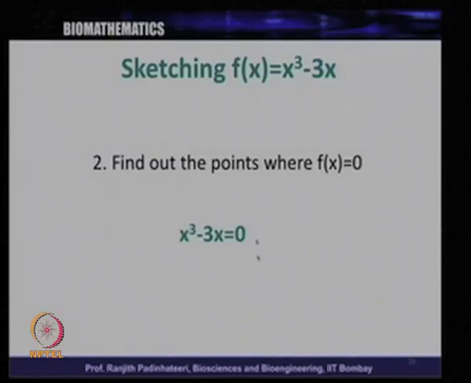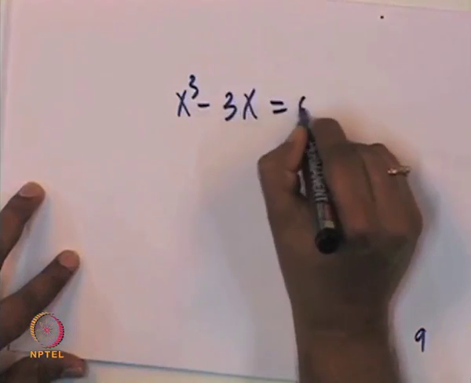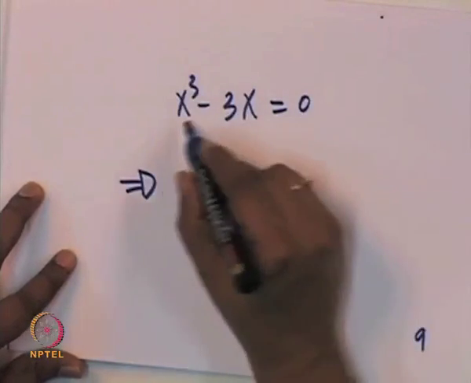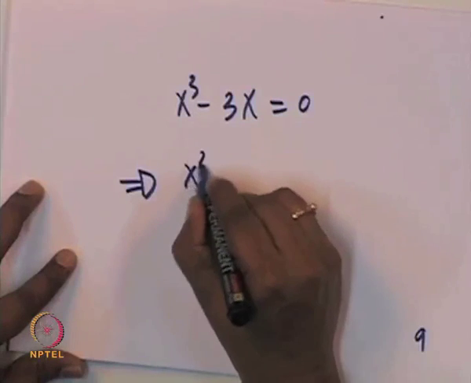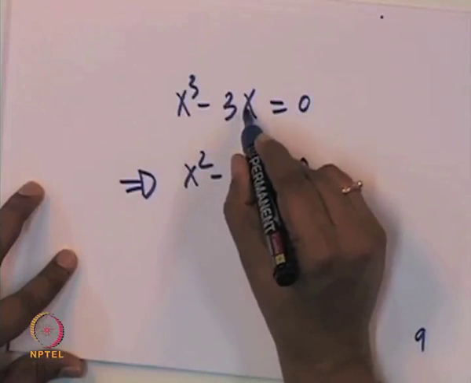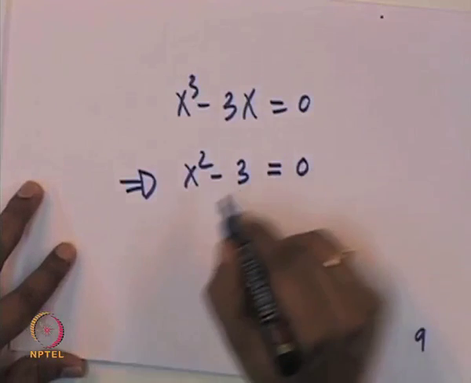That means the points where x cube minus 3x is 0. So let us see when x cube minus 3x is 0. There is an x in both terms that you can take out, so you divide throughout by x and you get x square minus 3 equal to 0.